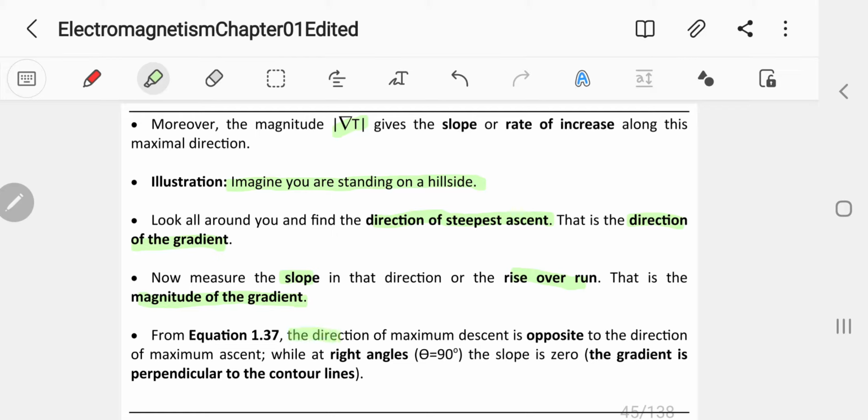The direction of minimum descent is opposite to the direction of the maximum ascent. So of course, when you are on a hillside and you look up, that's the maximum ascent. And when you look down, that's also, of course, the descent.